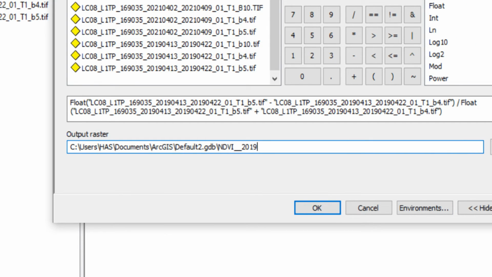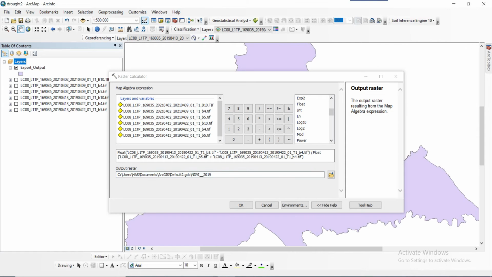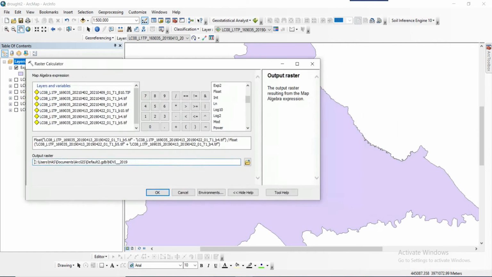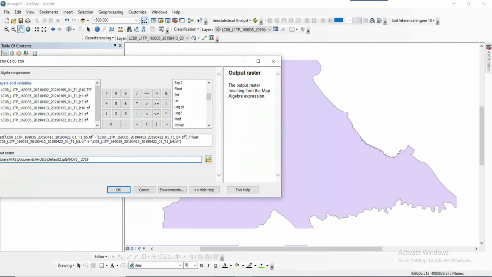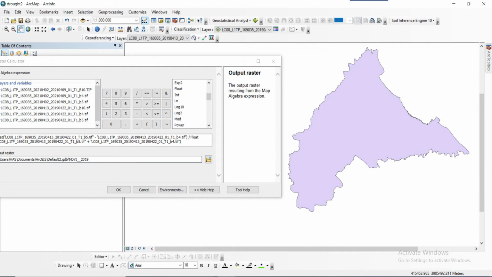Before starting this process, we have to clip the area according to our study area, because the image itself has a bigger size.